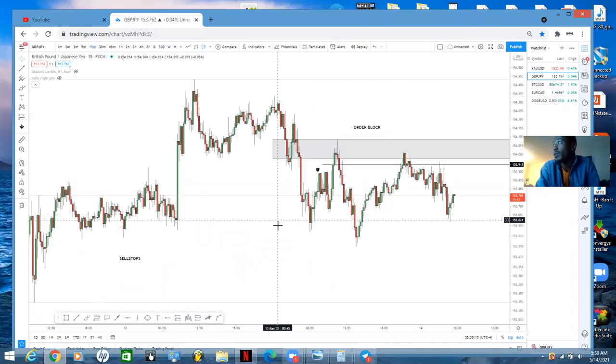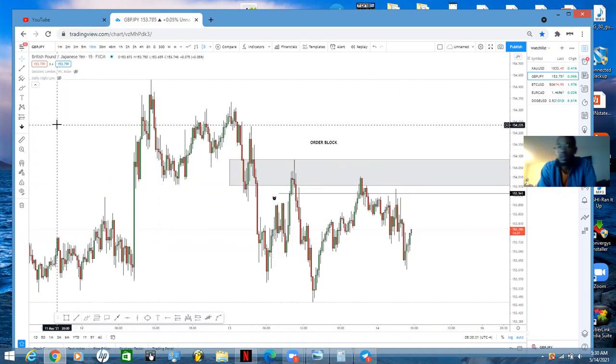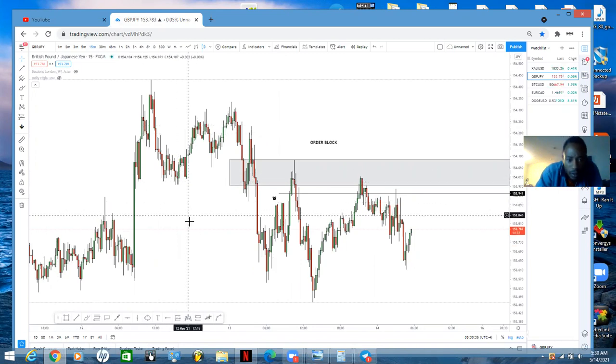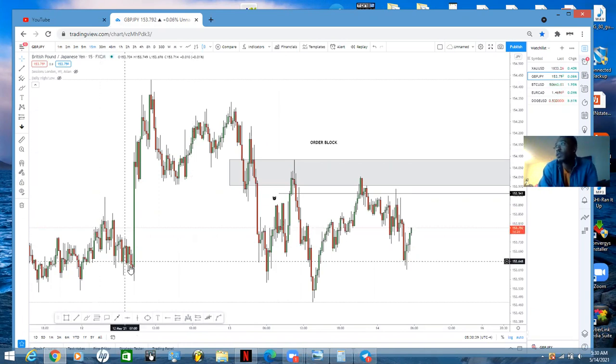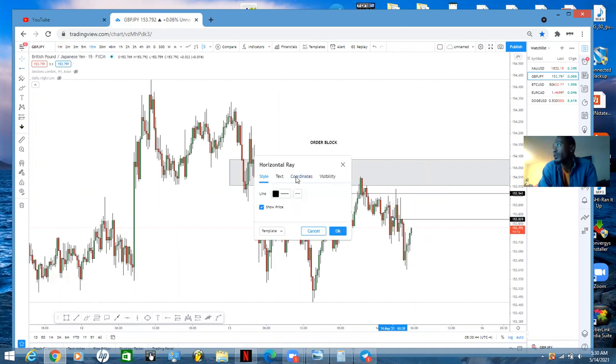Come over here, drop down to the smaller time frame. All right, so I think it was around London, or let's see, what time did I enter these trades? Let's see, my first trade was taken at 15376. So I took the first trade at 15376.